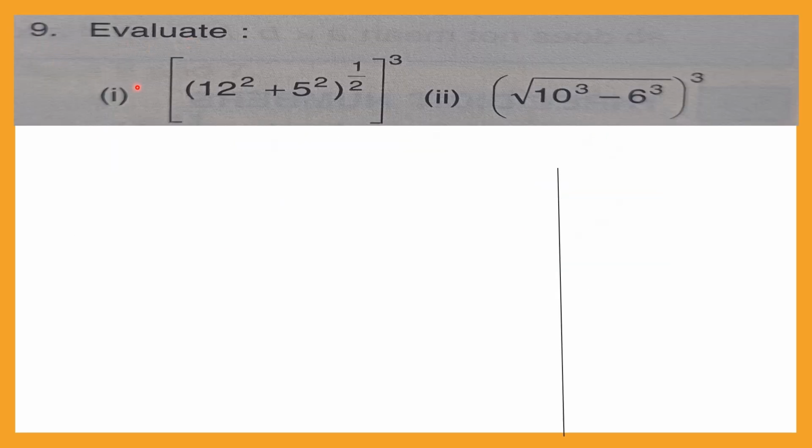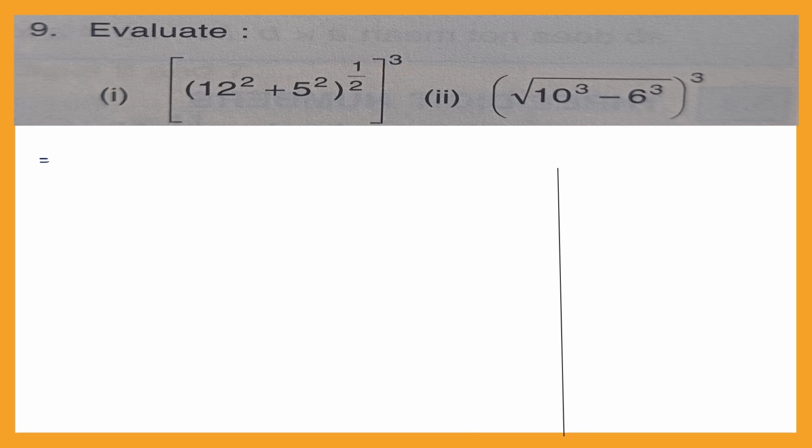Question 9, evaluate, the first one here. So here we have the square brackets. Inside that we have the parenthesis, 12 square plus 5 square, this whole thing raised to the power of 1 by 2, and this is raised to the power of 3. We can use a law of exponents where we can multiply the powers, when one power is raised to another power. So let's write that down first.